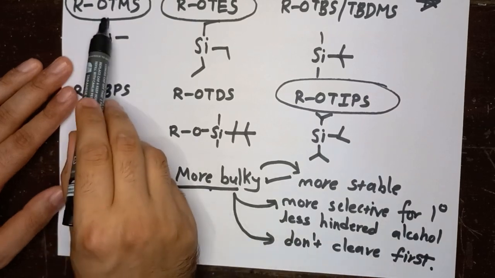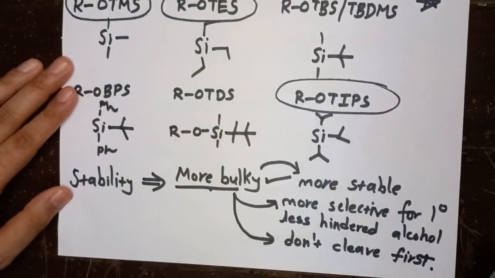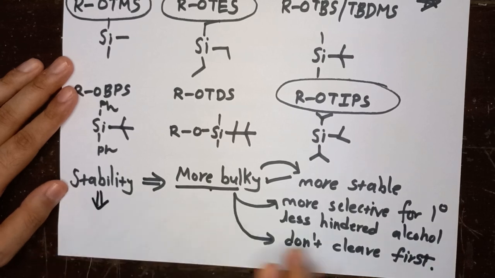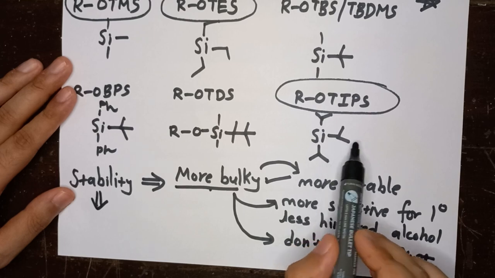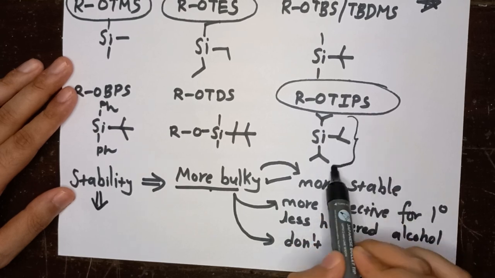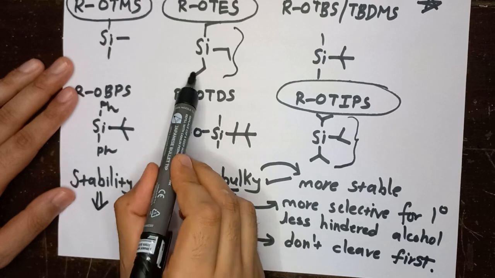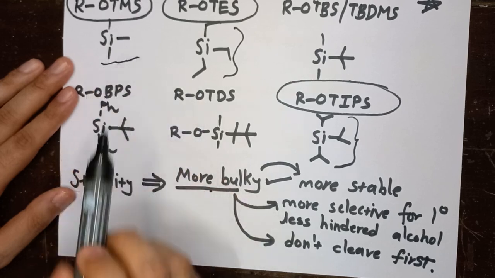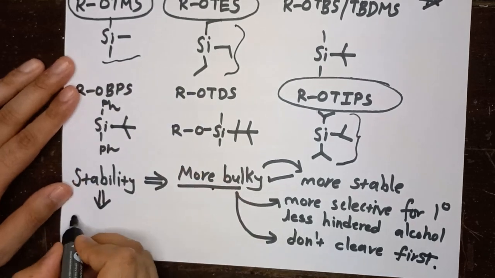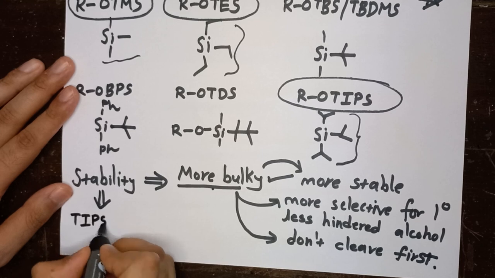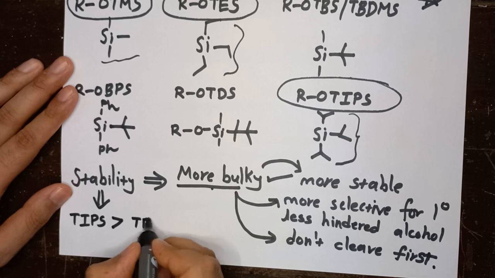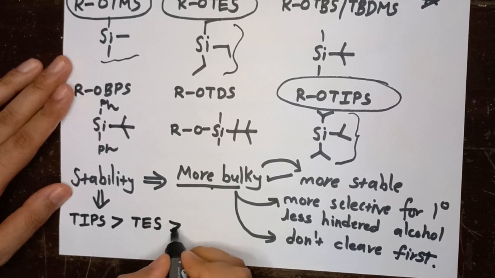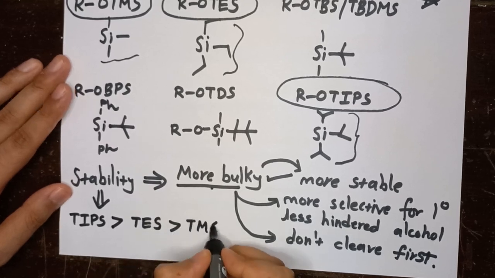Now out of these three, OTMS, OTBS and OTIPS, what is the stability order? So it is very clear, right? This is more bulky as compared to this one. Here we have ethyl, here we have only methyl. So stability order is going to be, TIPS will be more stable than the ethyl one, and lastly the methyl one.